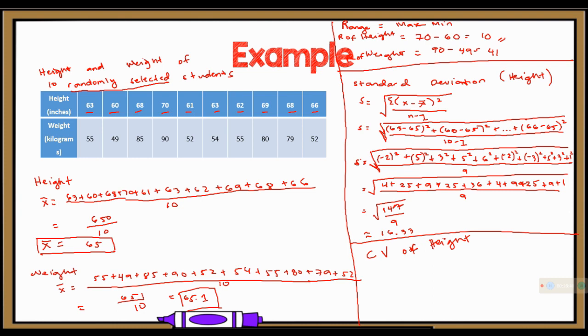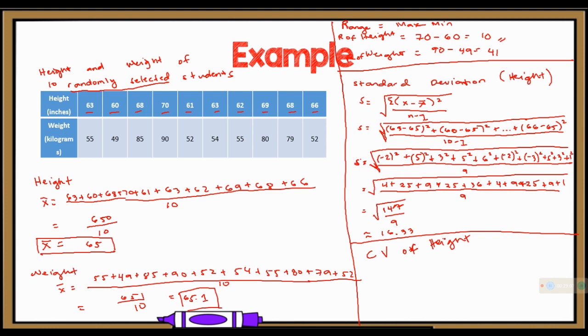Okay. So, si coefficient of variation, para mahanap natin siya, meron tayong dalawang requirement. Kailangan alam natin kung ano ang value ng ating standard deviation, and at the same time, you have to know the value of your mean.